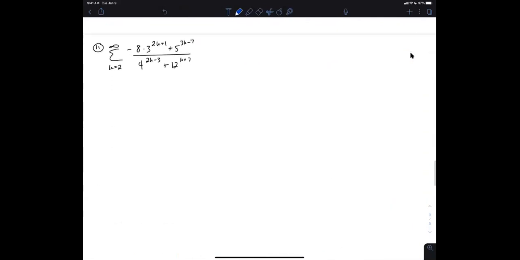And so when you do this, you would just say, okay, compare to the sum 5 to the 3k minus 7 over 4 to the 2k minus 3, and you're going to figure out that something's weird. So the algebra here is that you simplify that to be 5 to the negative third times 5 to the 3k over 4 to the negative third times 4 to the 2k.